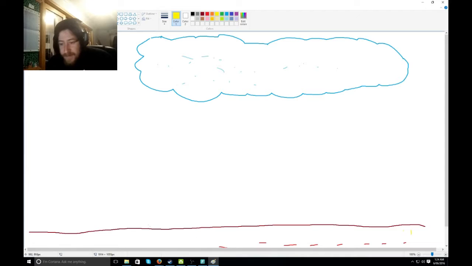So the negative energy in the Earth gets slightly pushed down, and we lose a balance. So it's no longer this balance of negative and positive energy in the ground. And all the positive electrons get pushed up to the surface.